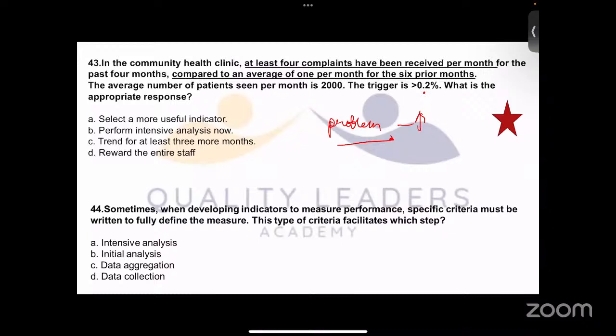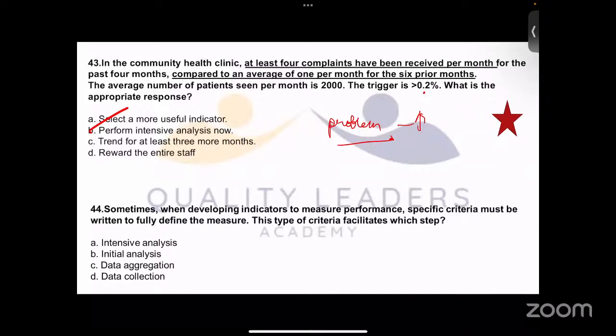Because it used to be 1 complaint per month, which is the common cause. And what about the increase to 4 per month? Is it common cause or special cause? Okay, it is a special cause. So what do we do for this special cause variation? So we will do B, perform an intensive analysis now. Okay.